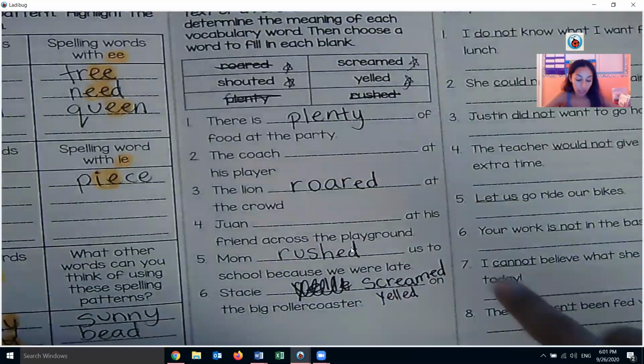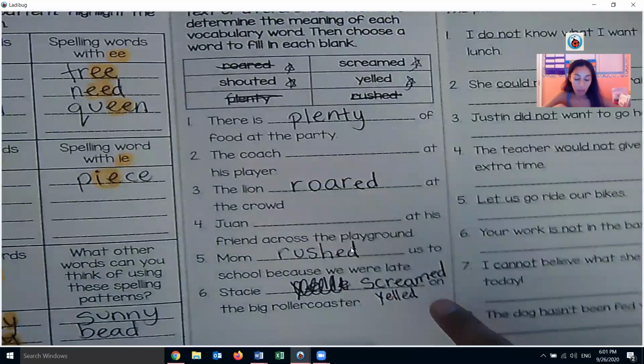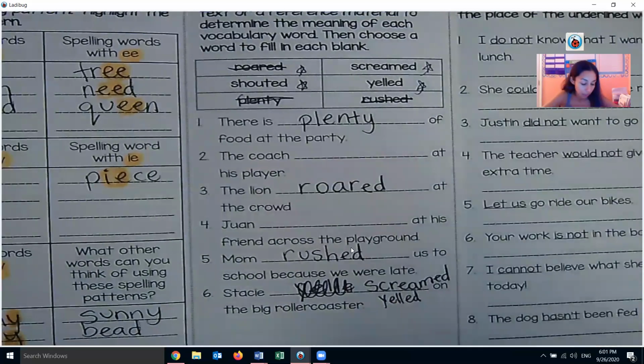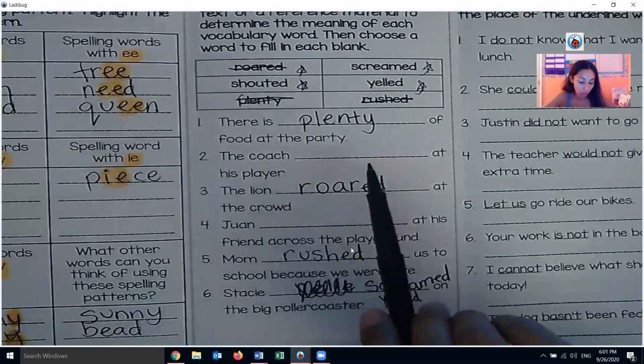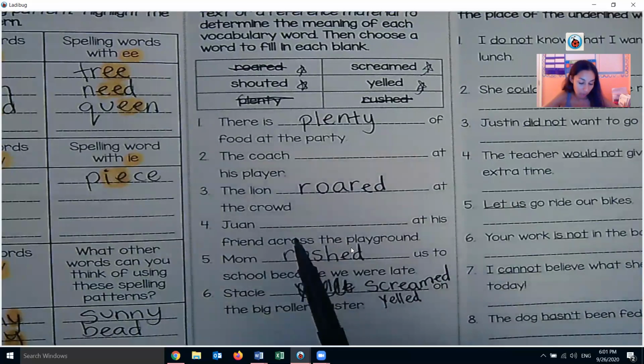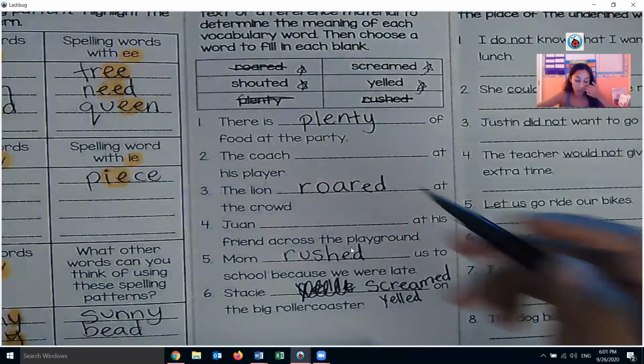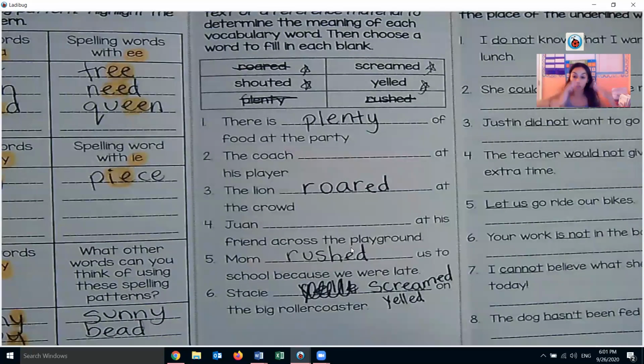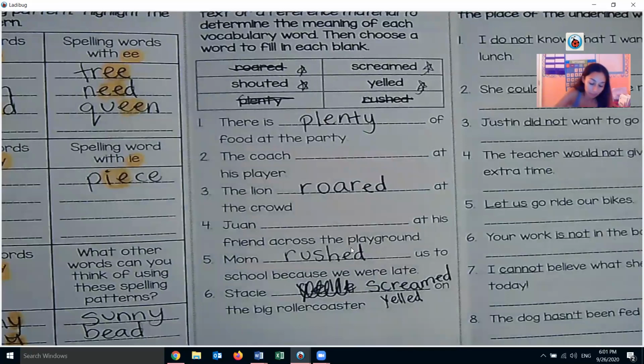But if you're yelling or shouting, it's probably a little more with words, like the coach yelled or shouted at his player. Juan yelled, shouted at his friend across the playground. So I guess really those three can kind of interchange. So if you have them in different places, no problem.